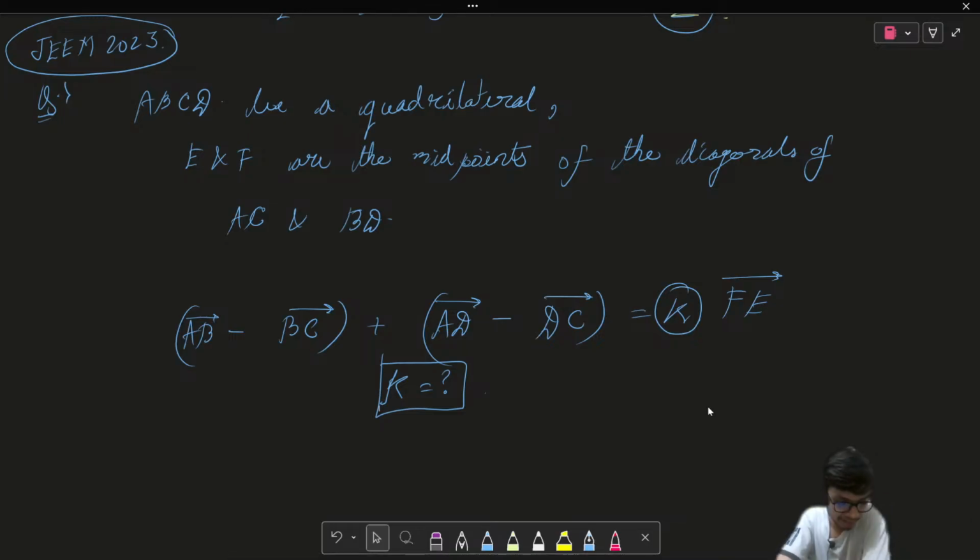Sir, which are the high weightage mathematics chapters? The highest weightage mathematics chapters, if you're looking at any engineering based examination, is definitely going to be calculus. Integral calculus and differential calculus will be the most high weightage topics. Along with that, vectors and 3D geometry are also equally important.